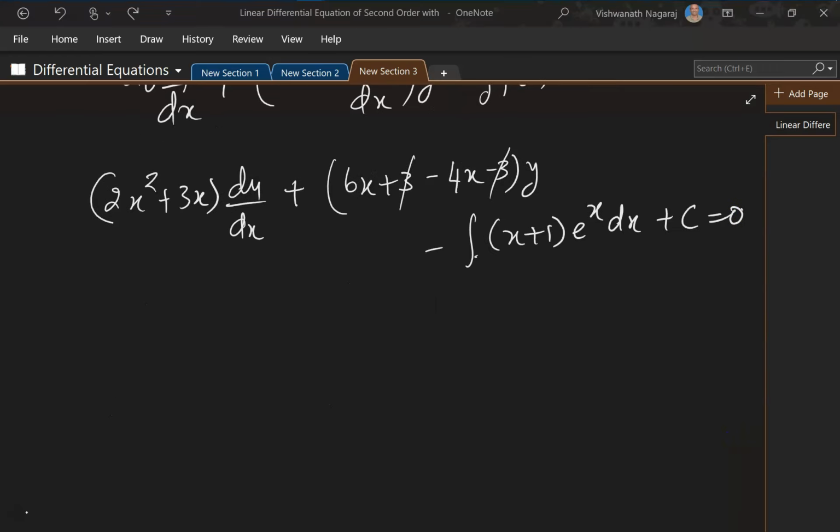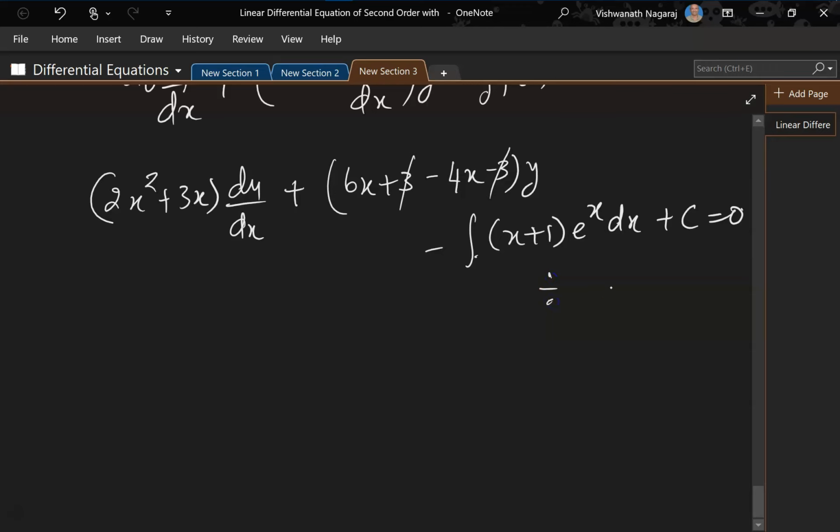Now let's divide the entire equation by 2x square plus 3x. Why? To put it in the standard form. So dy by dx plus, here we have 6x minus 4x is 2x.